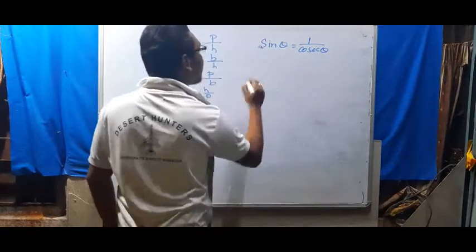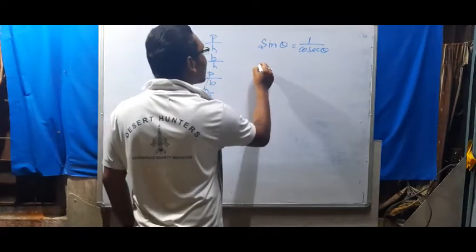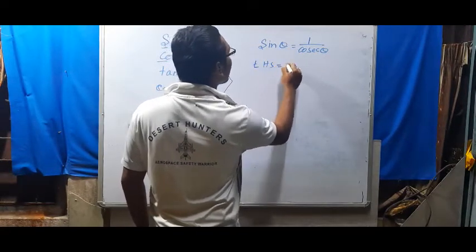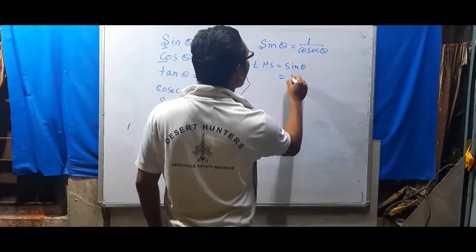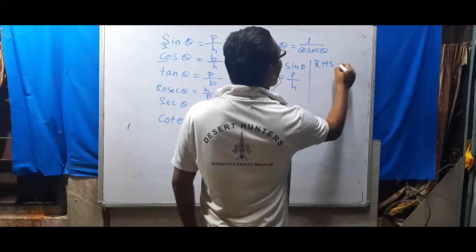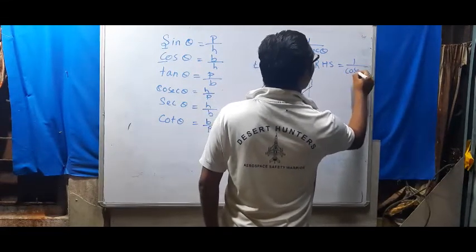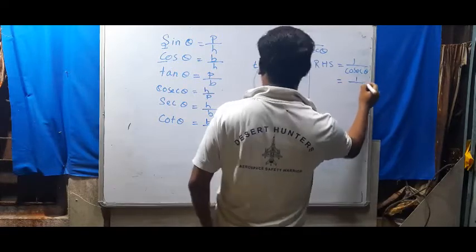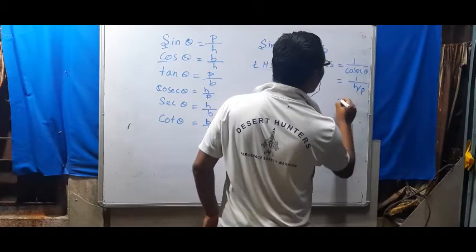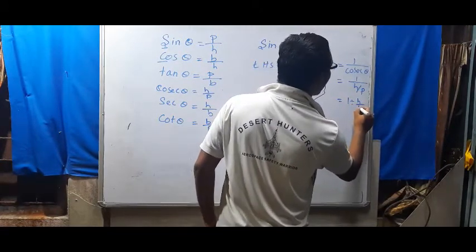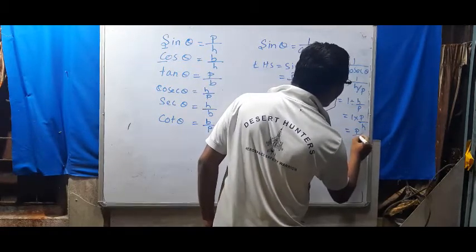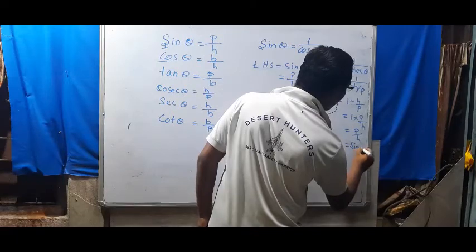As the proof, LHS is sin theta, that is equal to P by H, and in RHS, 1 by cosec theta equals 1 by H by P, that is 1 divided by H by P. This will give you 1 into P by H, and P by H is equal to sin theta.